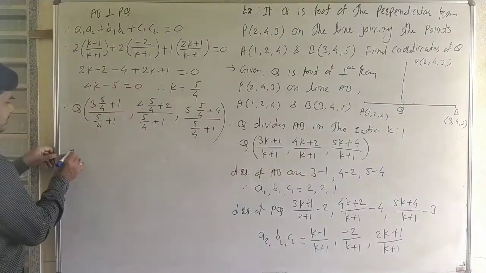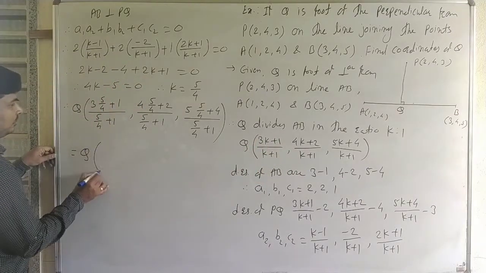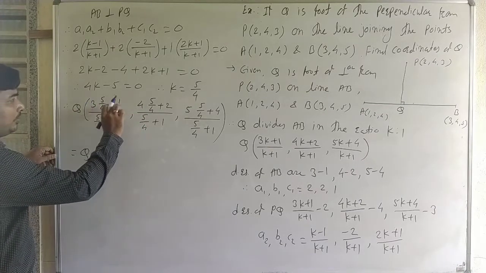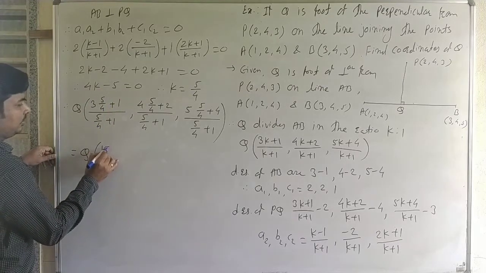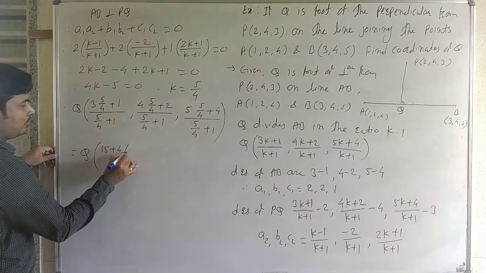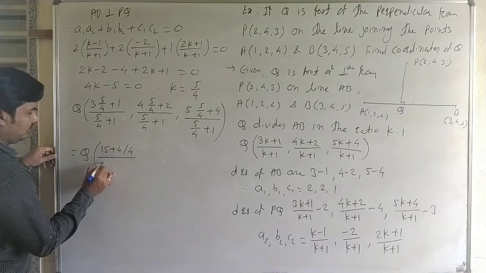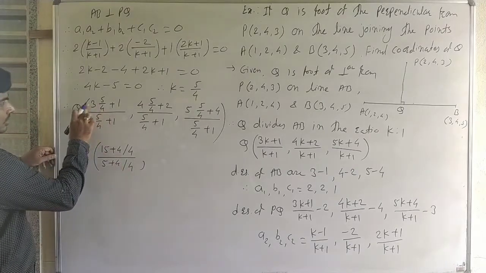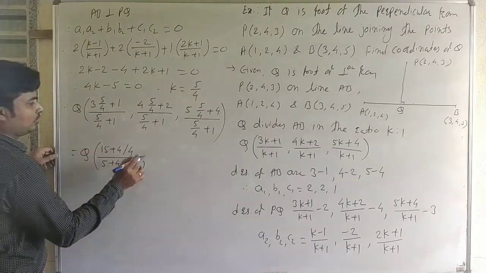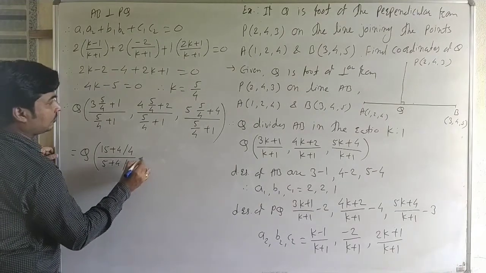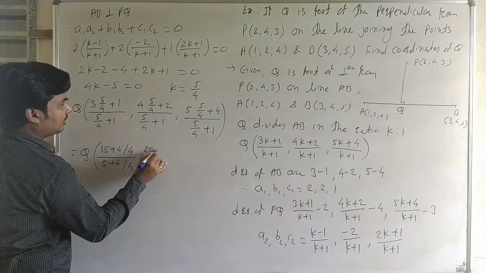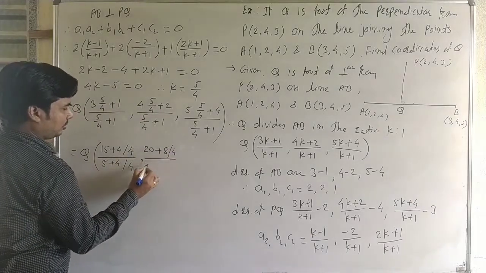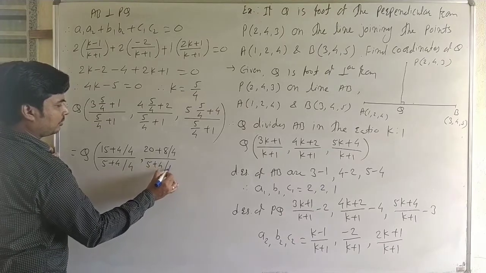Now we calculate this. Therefore Q, taking straight calculation: 3 into 5 is 15 plus 4, upon 4, whole upon 5 plus 4 upon 4. Then again 20 plus 8 upon 4, upon 5 plus 4 upon 4.